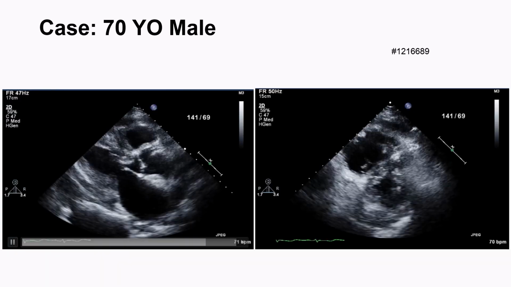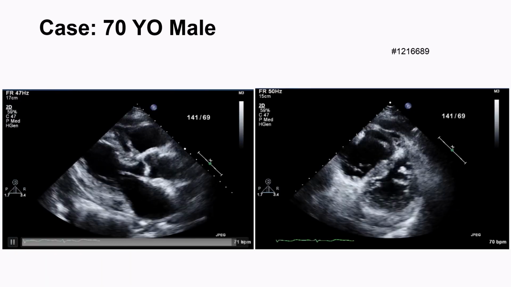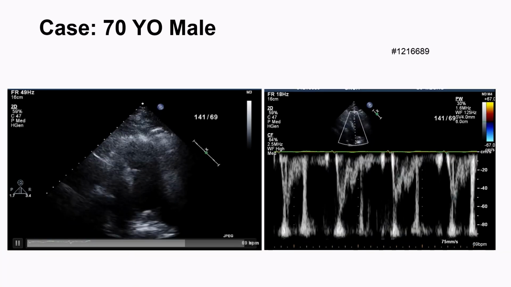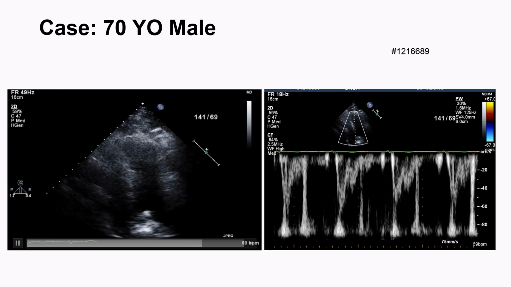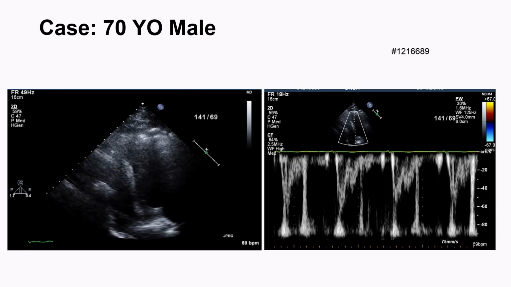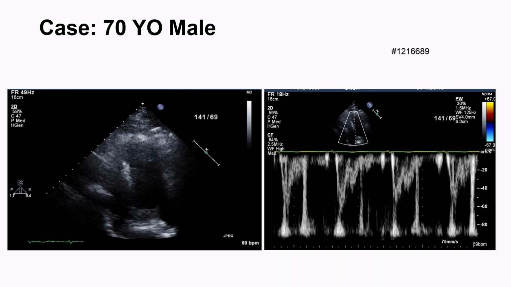Echo shows normal LV systolic function, but a D-shaped LV and a markedly dilated pulmonary artery, and mid-systolic notching on the RVOT PW Doppler signal, suggesting the presence of pulmonary hypertension.